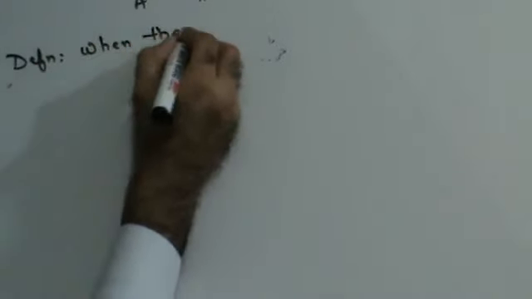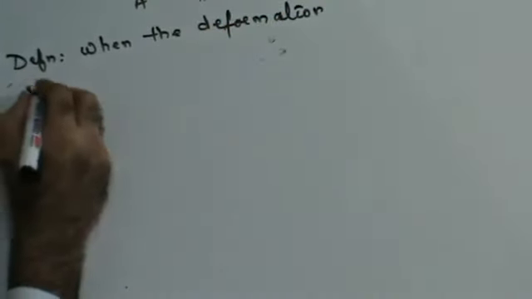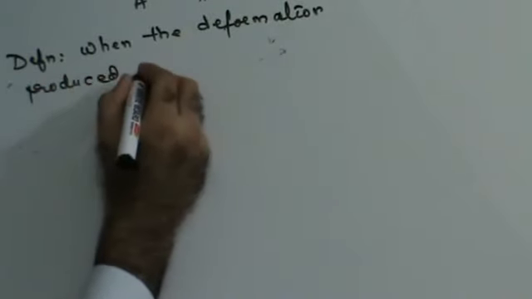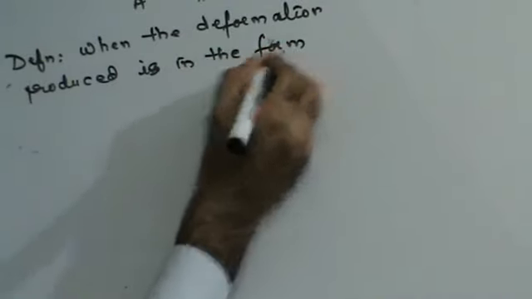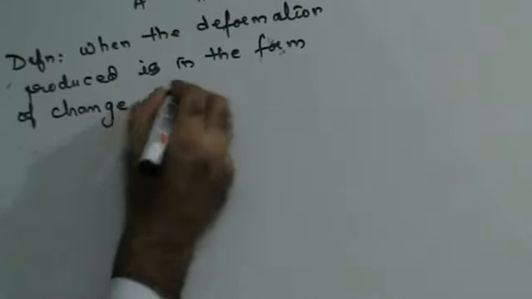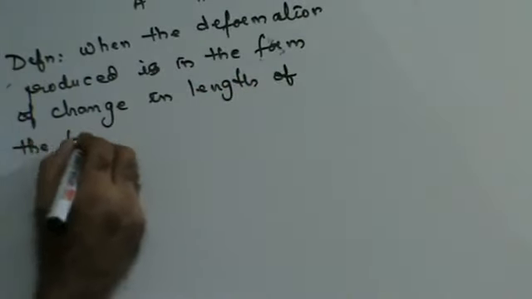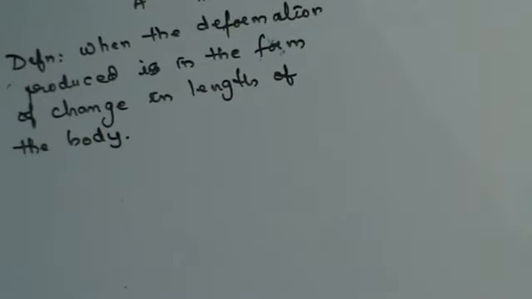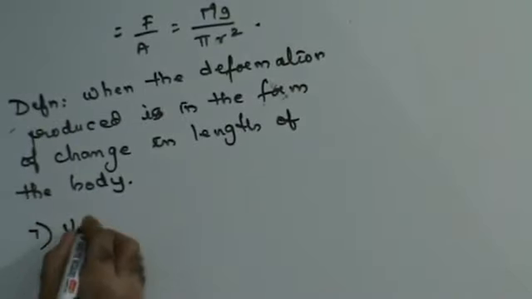Definition of tensile stress: when the deformation produced is in the form of change in length of the body, then the given stress is called tensile stress. So if the force brings about a change in the length of the body, then that is called tensile stress. Next, let's see what is volume stress.